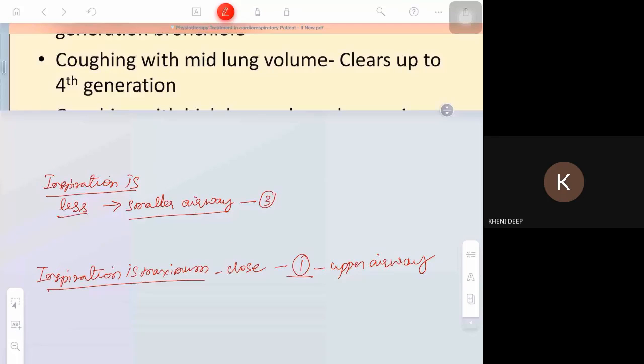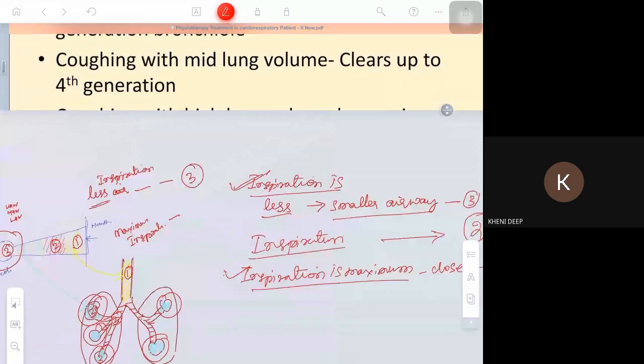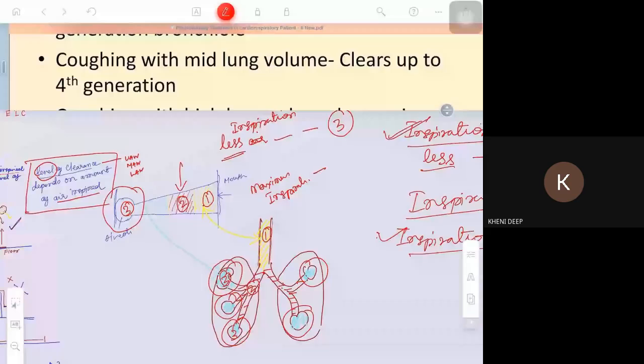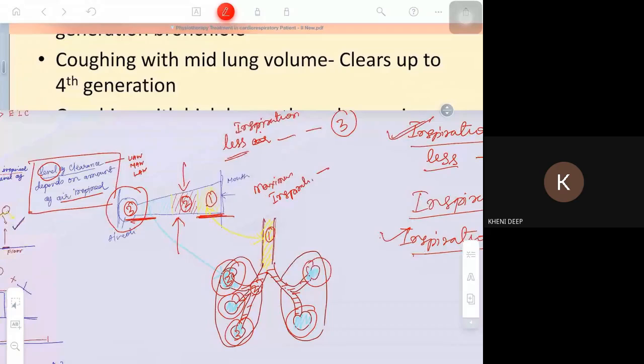If you take inspiration in between, not too much, not too less, and then you cough, then it will clear 2. What is 2 here? 2 is not the larger airway, not the smaller airway, in between. Clear? So now you read this sentence.